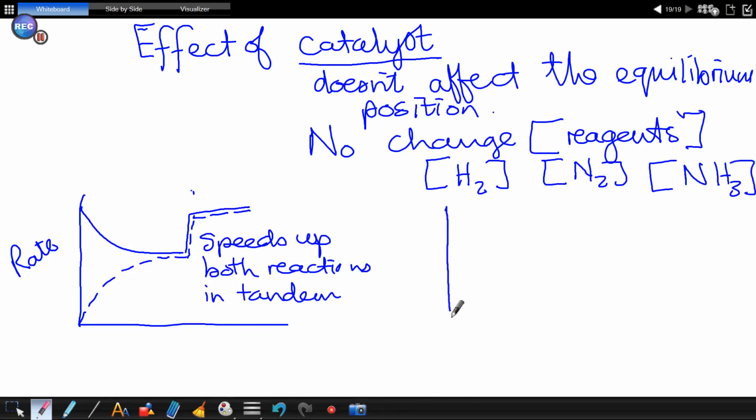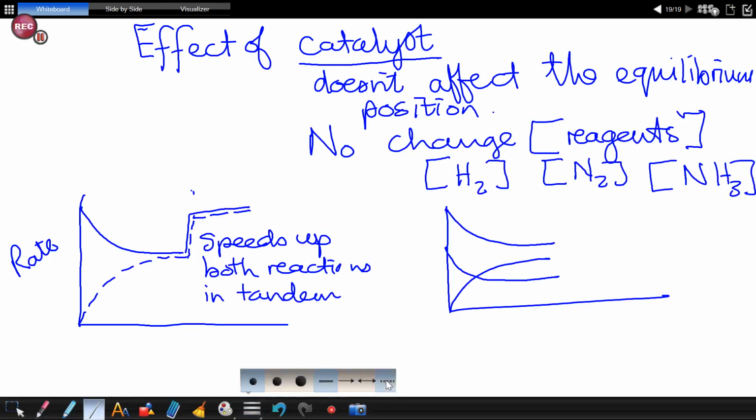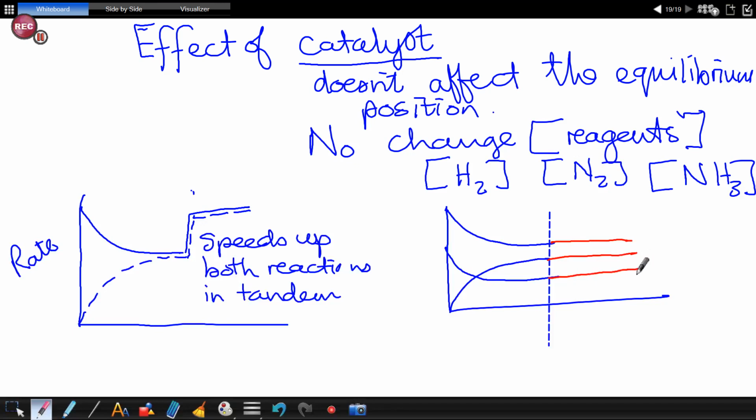The concentration graphs will not change at all. So if you have the one equilibrium situation, the new equilibrium situation will not change at all. At new equilibrium, all three concentrations will remain constant.